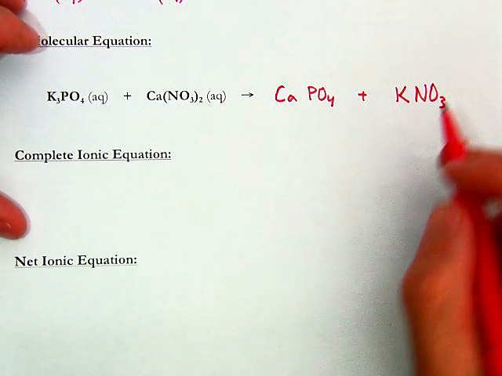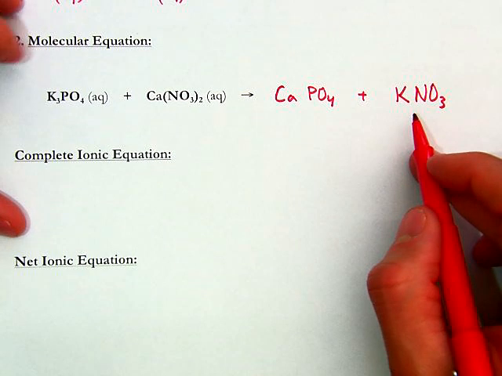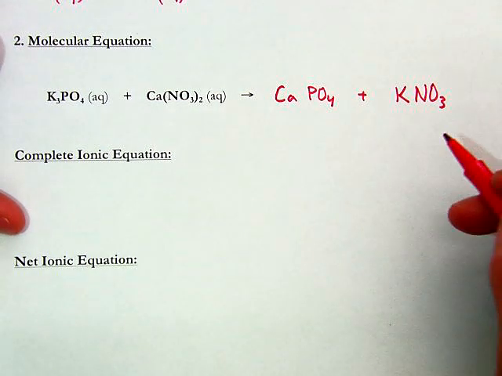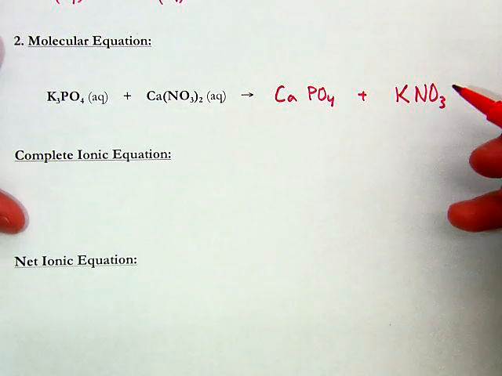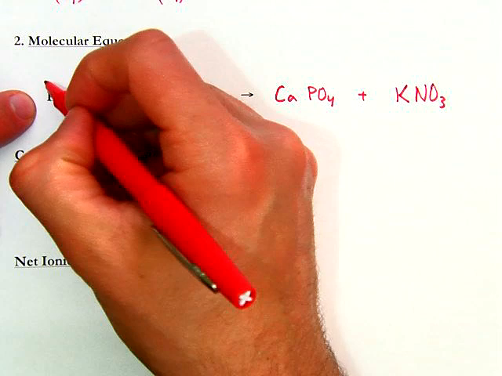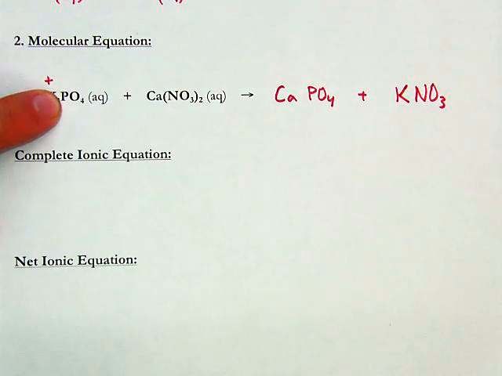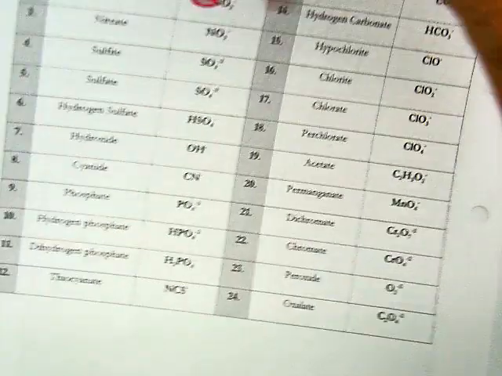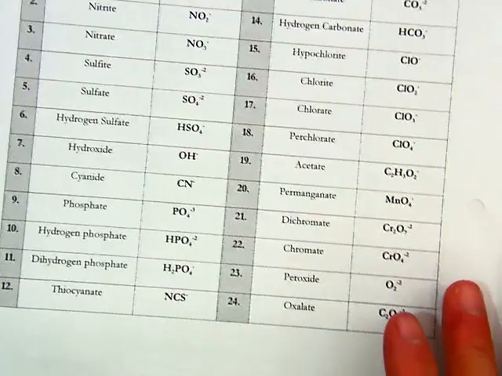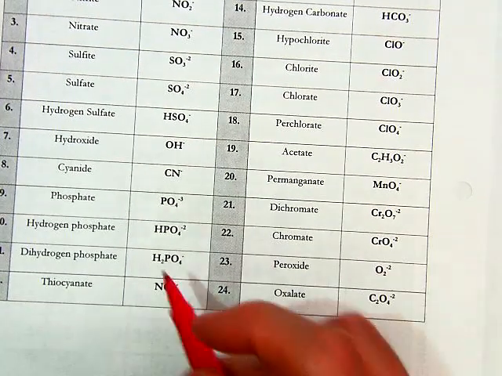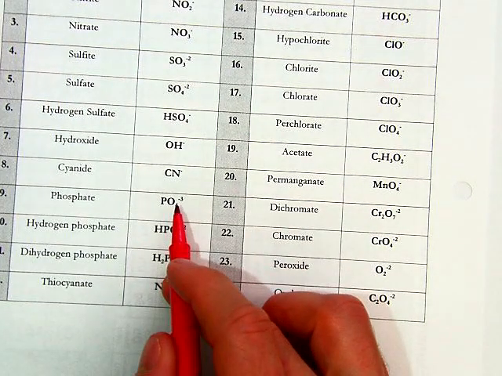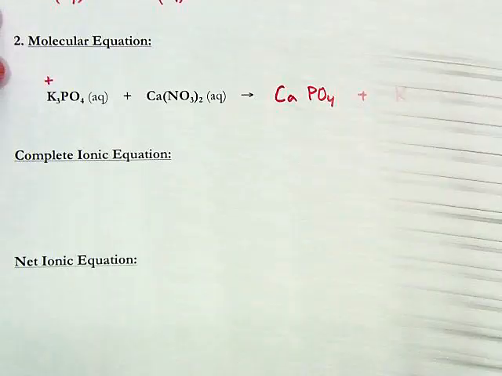We've actually already seen KNO3 in a previous problem, so you already know some stuff about that, but we'll get to it. So potassium has a charge of positive 1, and phosphate, PO4, that's a polyatomic ion. Phosphate has a charge of negative 3. Okay, phosphate has a charge of negative 3.